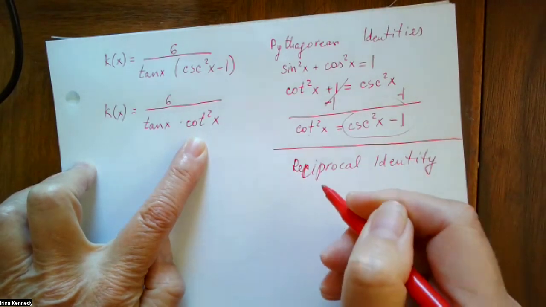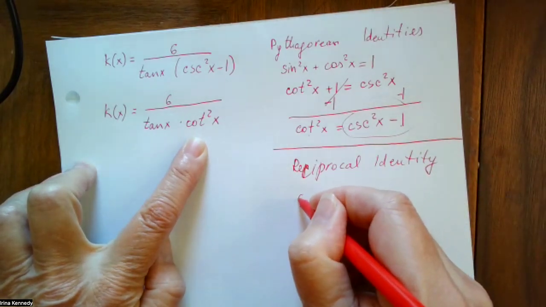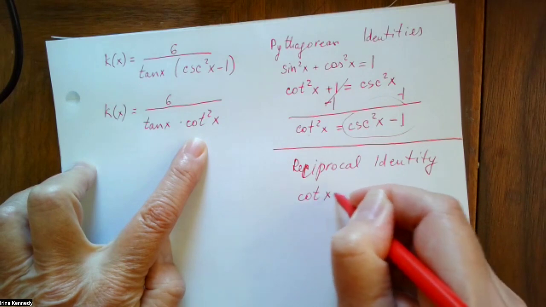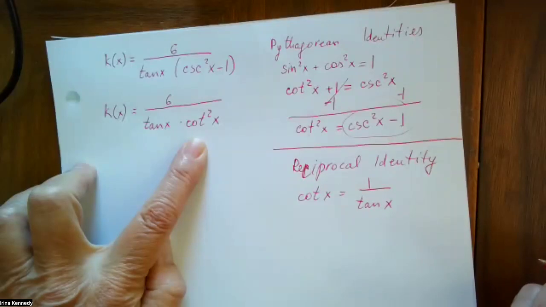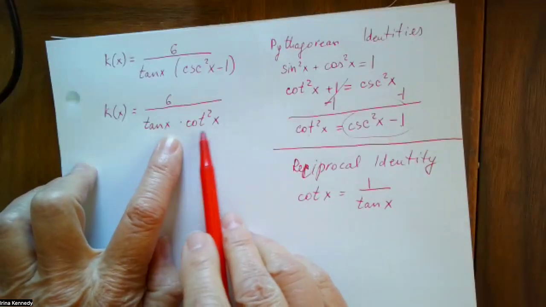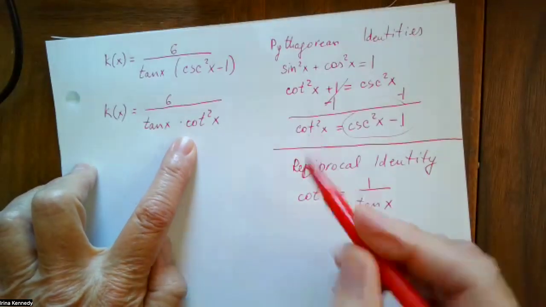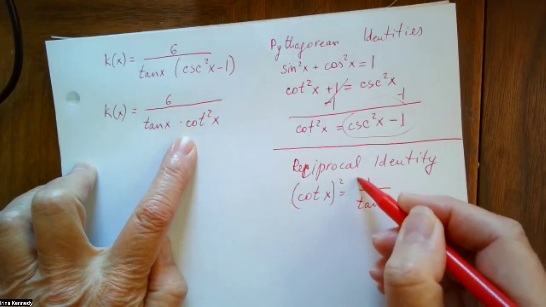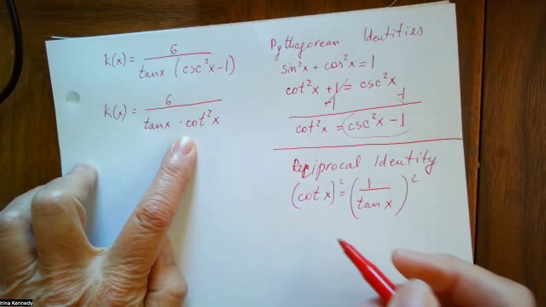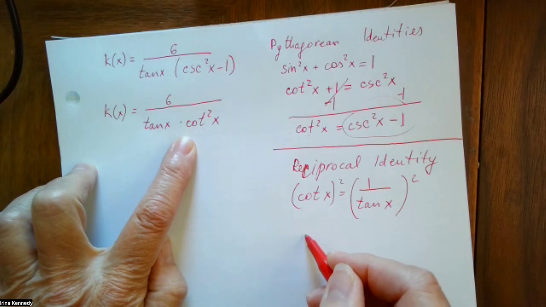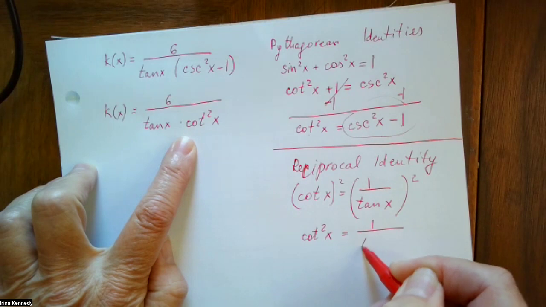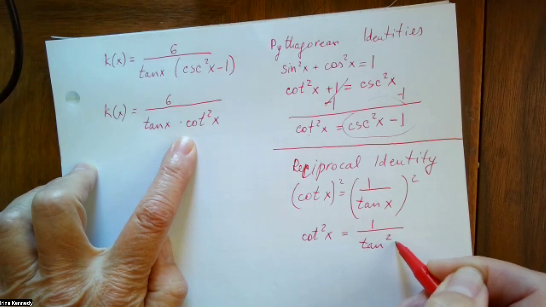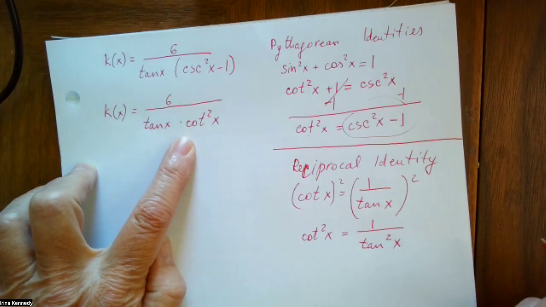The relation between tangent and cotangent is that cotangent x equals 1 over tangent x. We have cotangent squared, so let's square it. That means we'll get cotangent squared x equals 1 over tangent squared x.